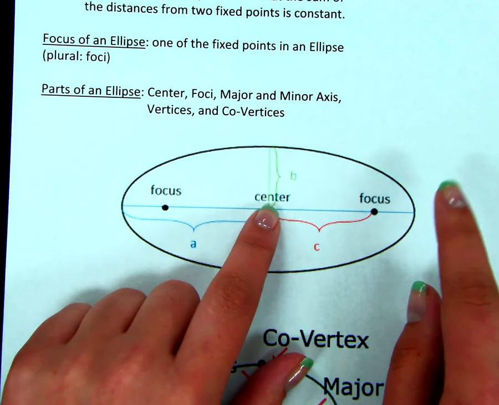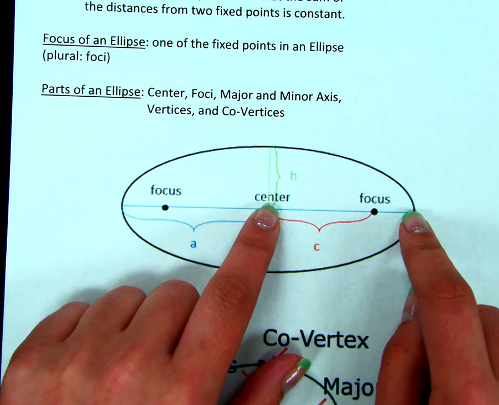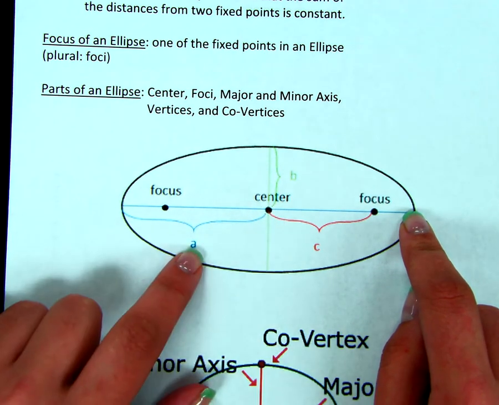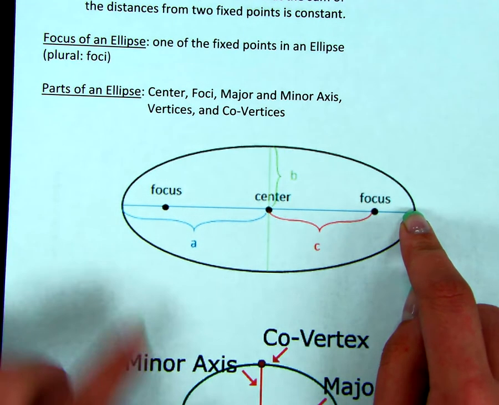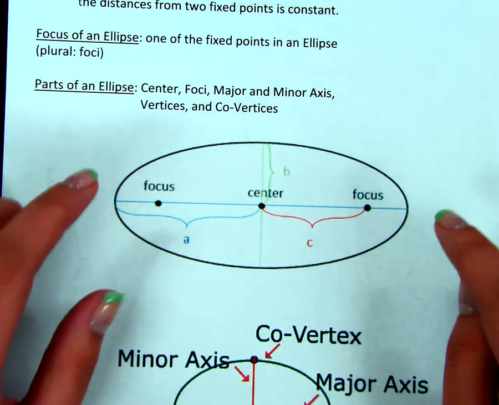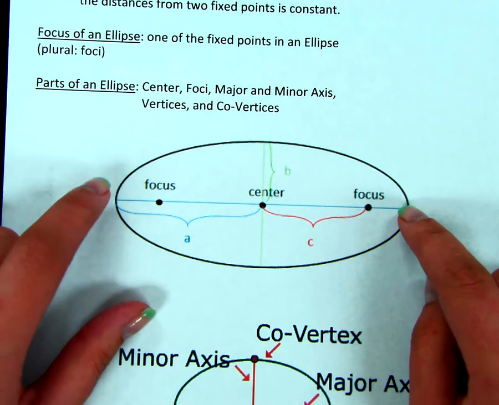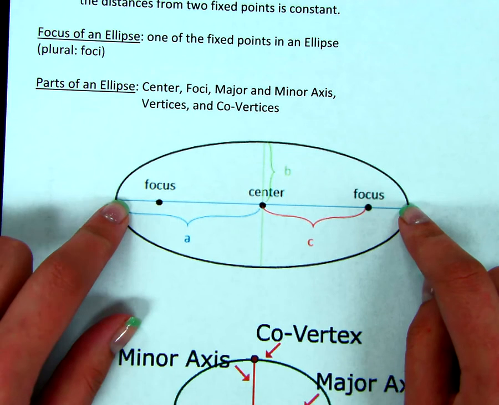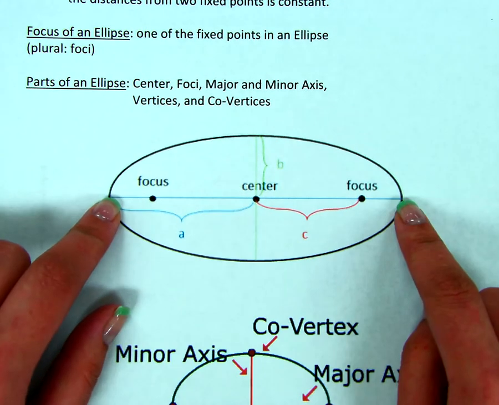From the center to a vertex point is our a value, so it's a distance of a. So this whole length is 2a, and we call the distance between the two vertices the major axis, because it's the longest one.